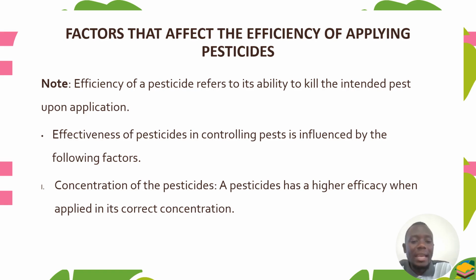When you apply in its correct concentration, the ability to kill the pest will be high. But if you apply where the concentration is not correct, the ability to kill the pest will be low.